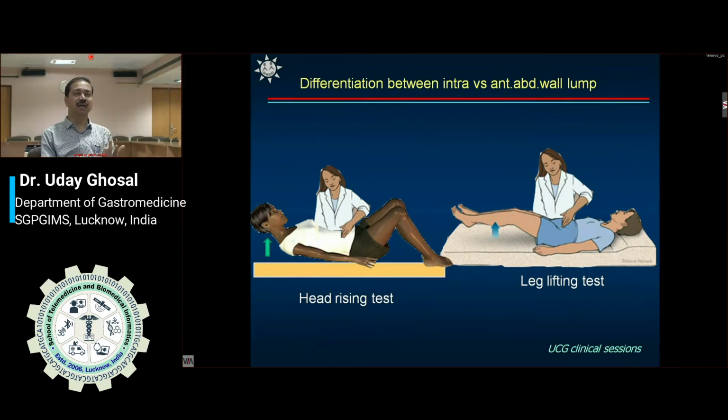On raising the head, if the lump became more prominent, it is a parietal lump. On raising the head, if it becomes less prominent, it is an intra-abdominal lump. So the first job is to say, is it parietal or intra-abdominal? Then the second job is, if it is intra-abdominal, is it retroperitoneal or intraperitoneal?